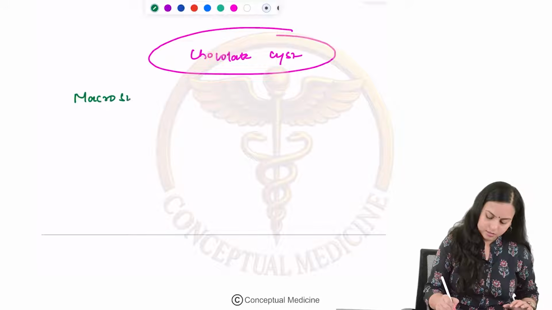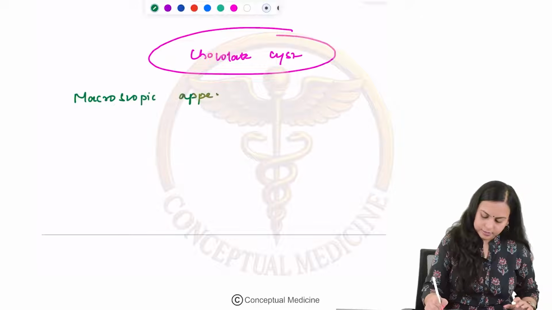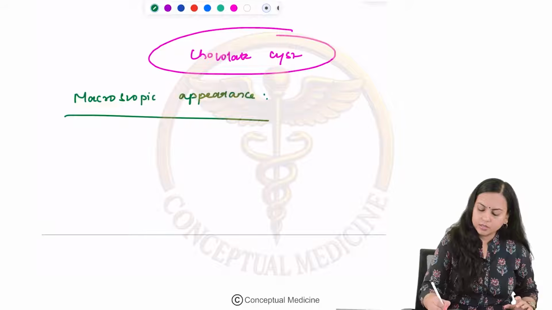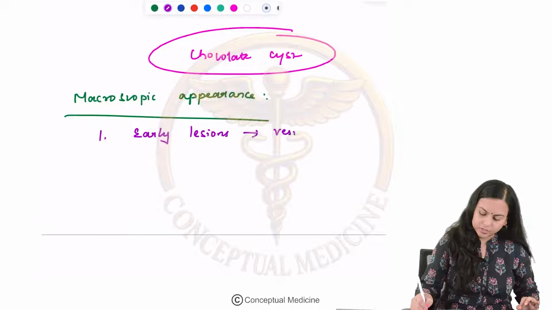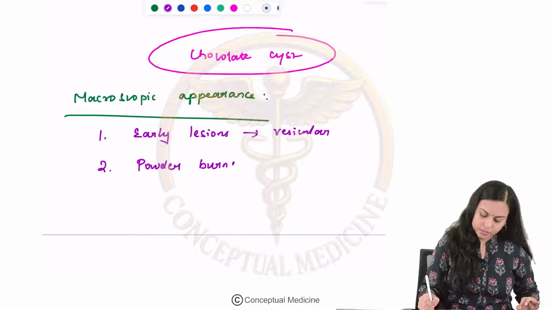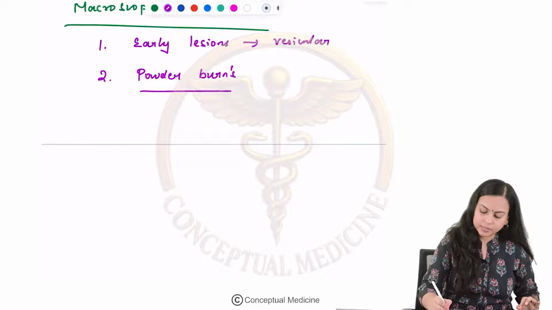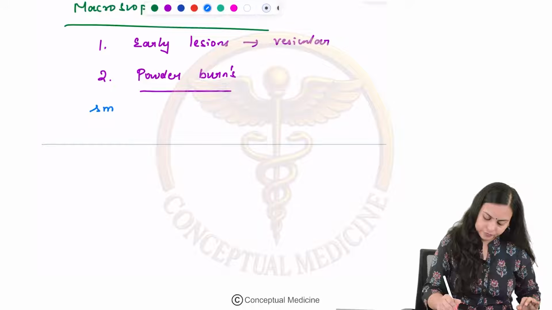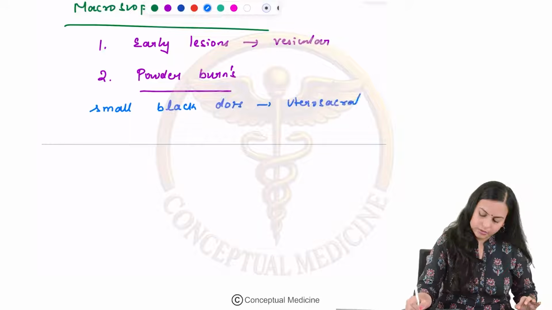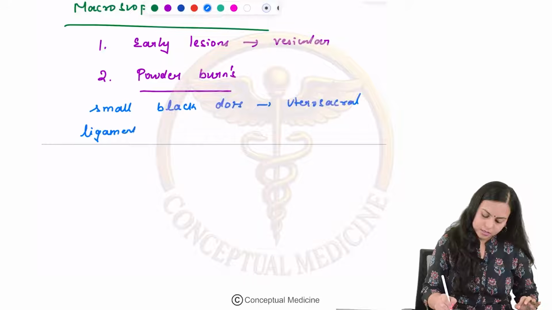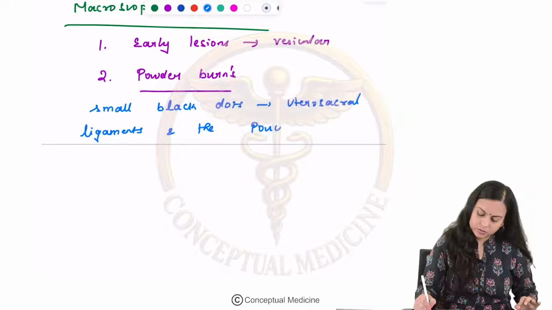If you see endometriosis, the early lesions may look vesicular, and sometimes powder burn lesions can also be present, which look like small black dots that are deposited in the uterosacral ligaments and the pouch of Douglas.